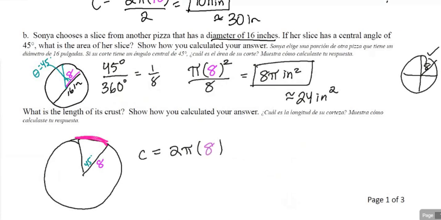And I only want an eighth of that because I'm only doing an eighth of the circle. So I will divide by 8, which means that this is really just 2 pi inches long, which is about 6 inches.